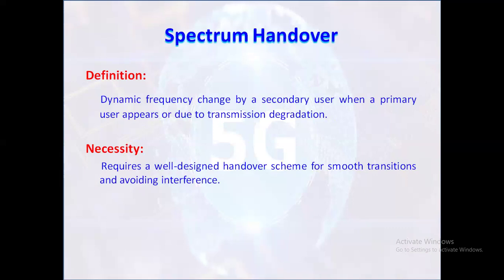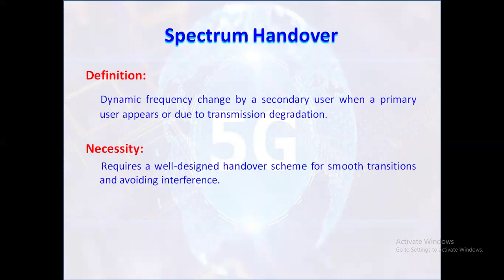Next is spectrum handover. Spectrum handover is the process in which a secondary user changes its frequency dynamically, either when the primary user appears or when the transmission quickly degrades. In a cognitive radio system, secondary users are allowed to use spectrum that is not being used by the primary users.